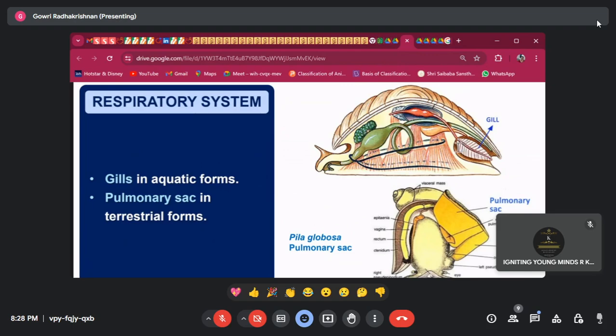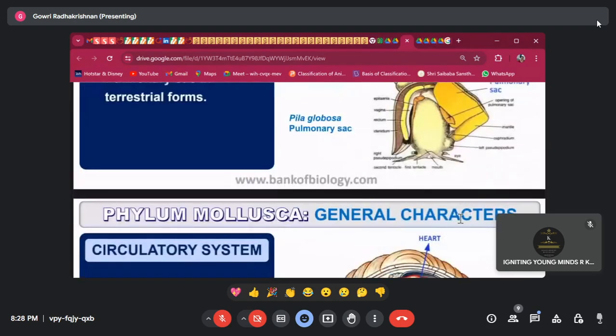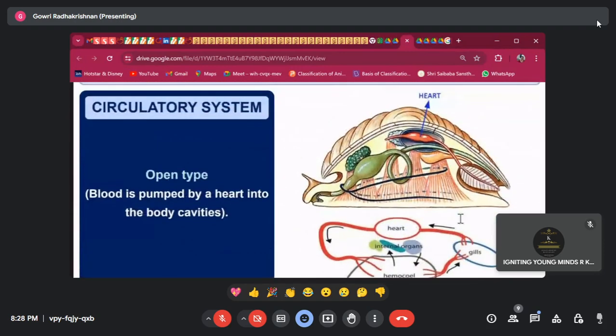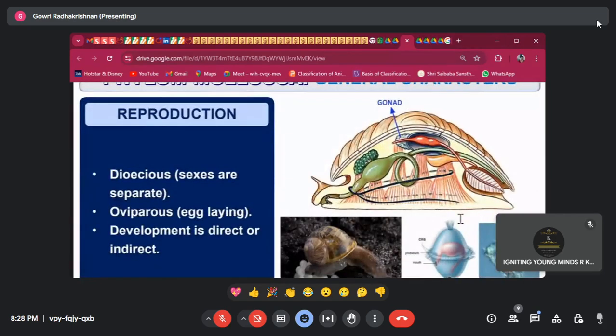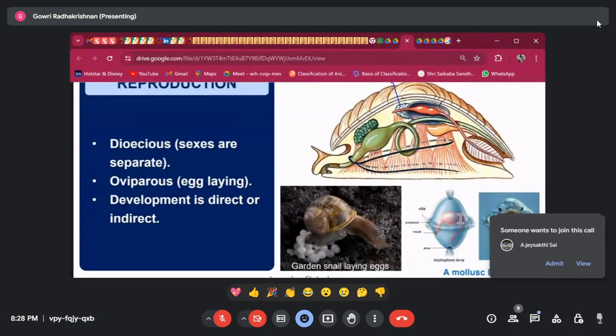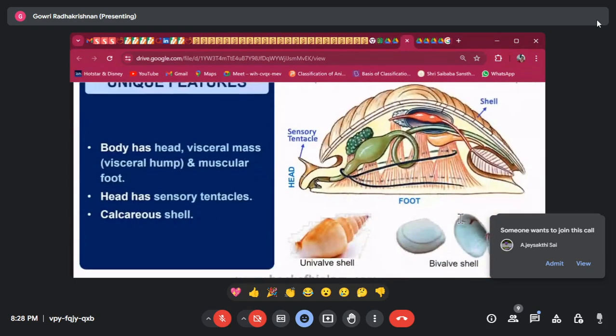You can see the gill here and pulmonary sac. Circulatory system is open type. Blood is pumped by heart into the body cavity. Dioecious, sexes are separate. Oviparous, egg laying. Development is direct or indirect.